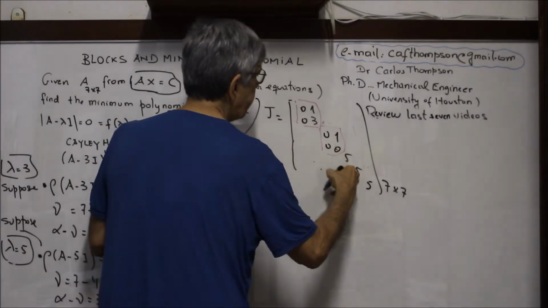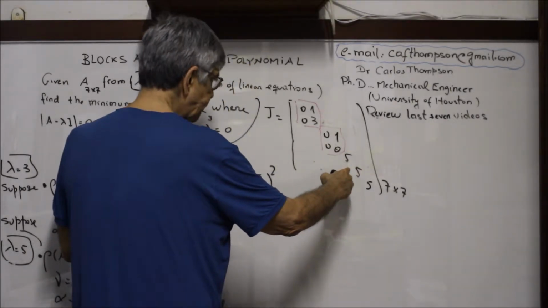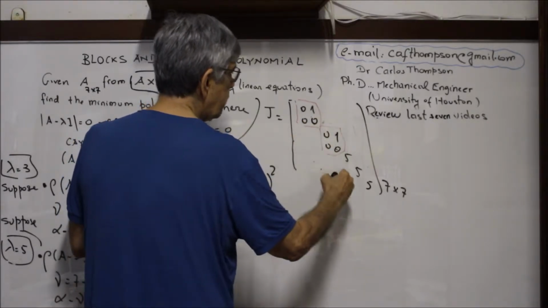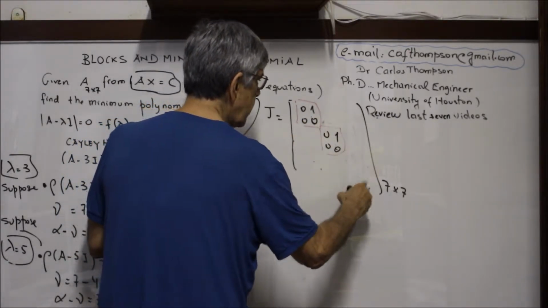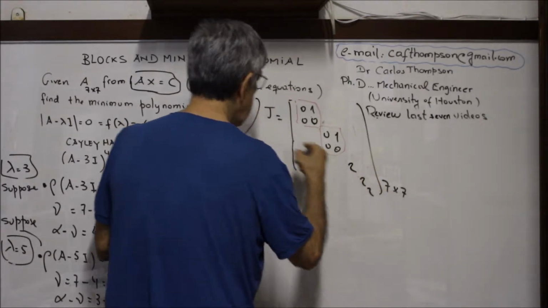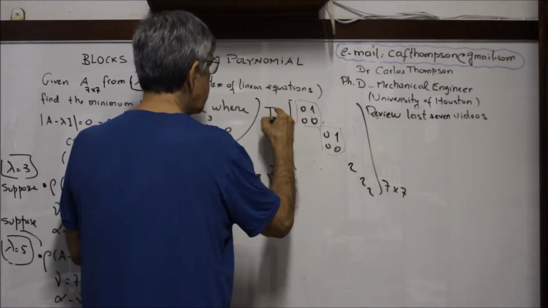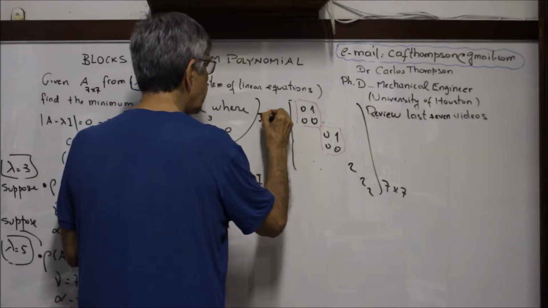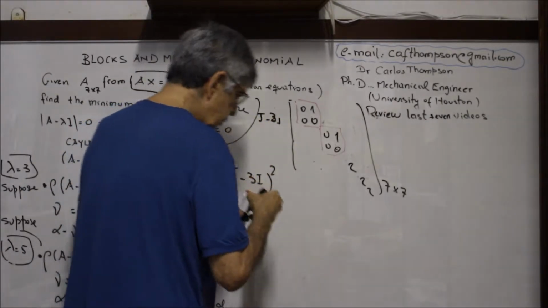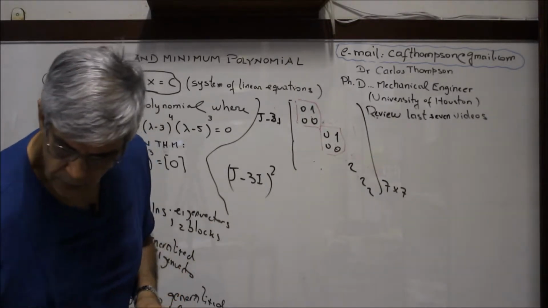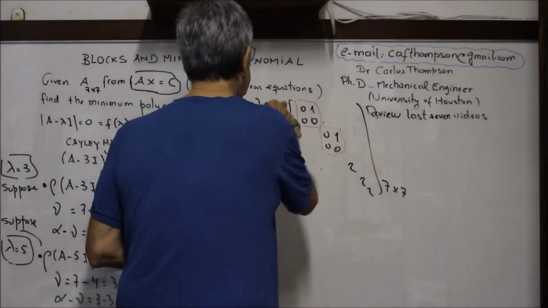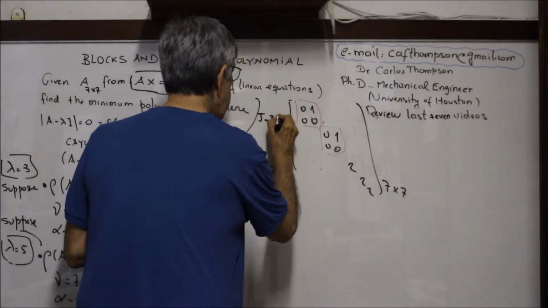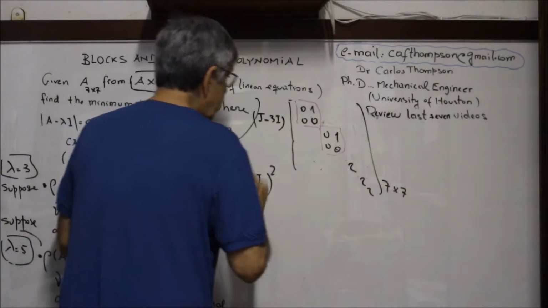Now here, 5 minus 3 is 2, so 2 here, 2, and 2. This is J minus 3I, I'm sorry. Let's erase here. Look, here I have J minus 3I.